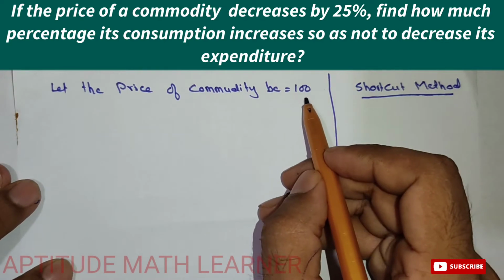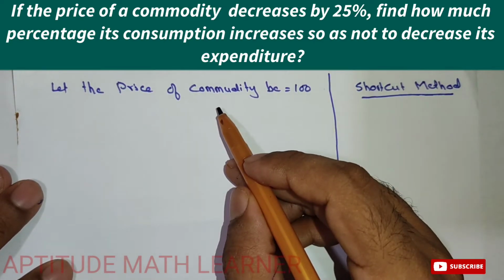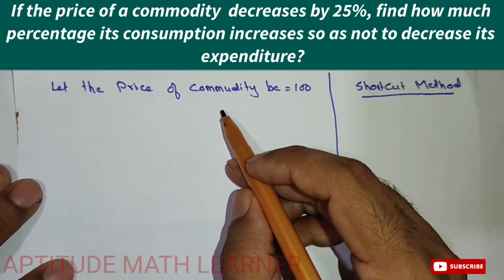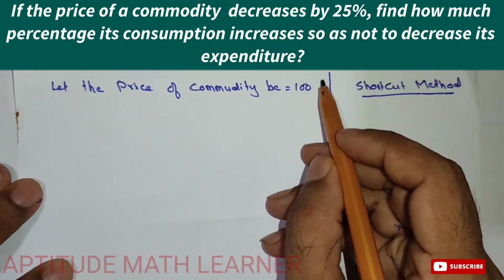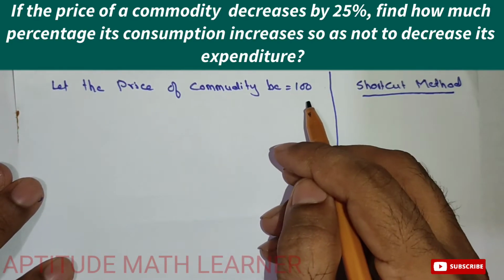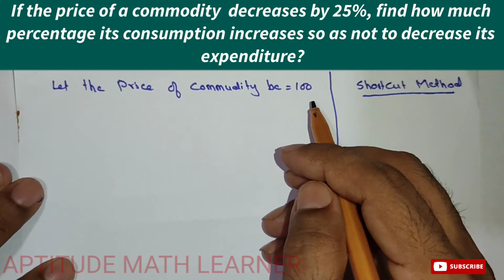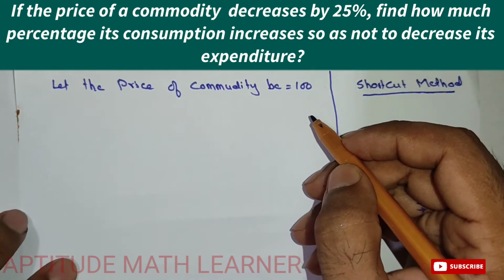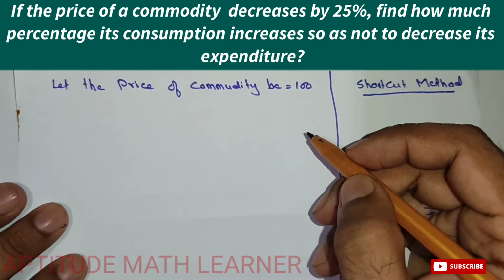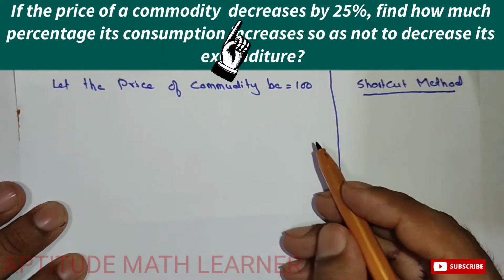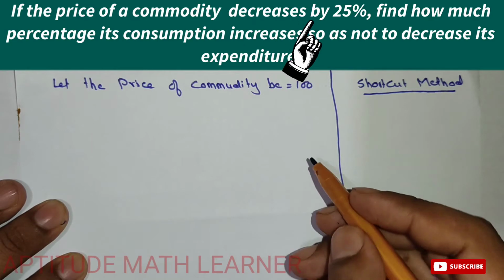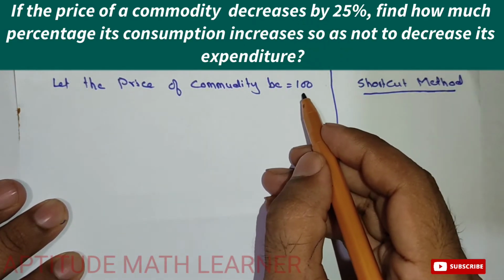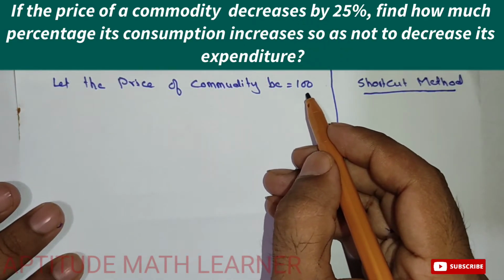This 100 is the old price of that commodity, in rupees. And now how much is reduced? 25% is reduced, and what will be the 25% of the old price?